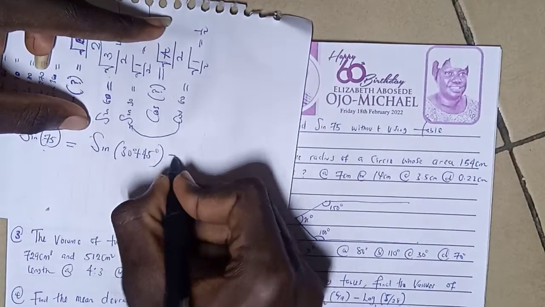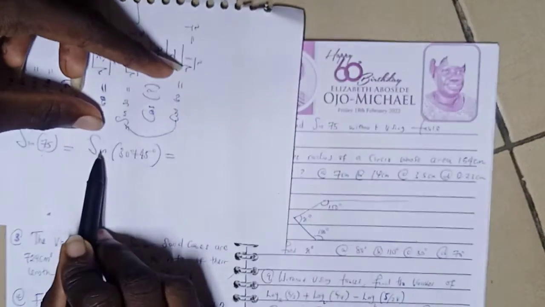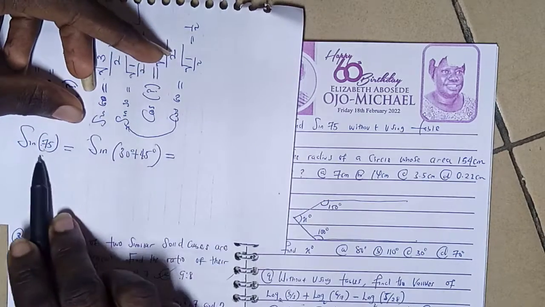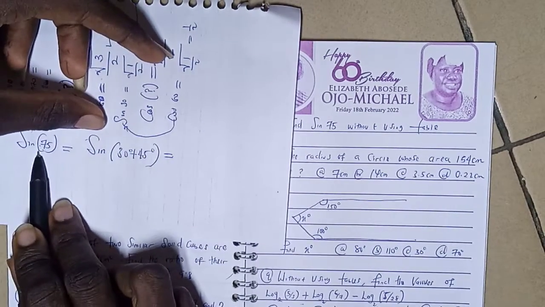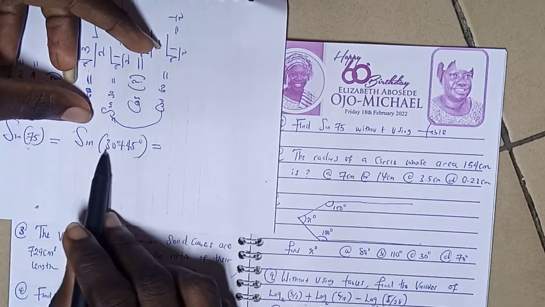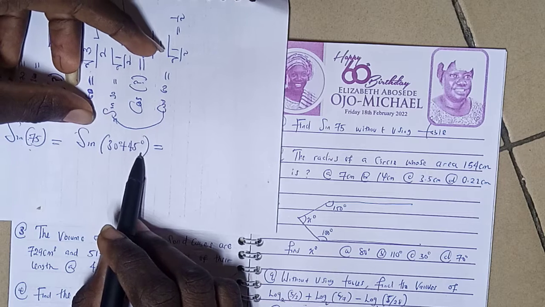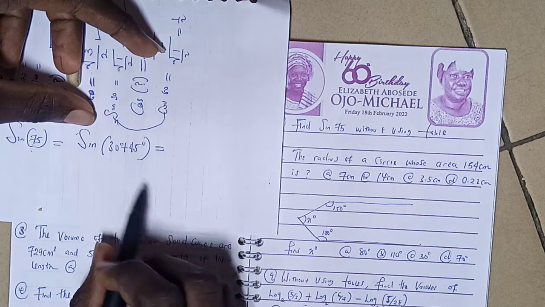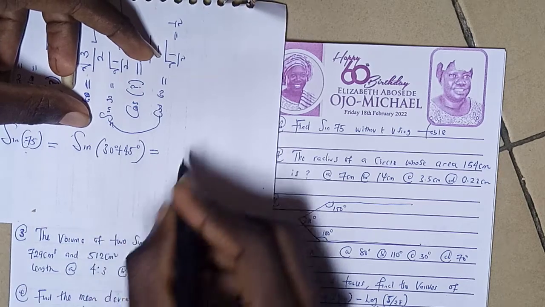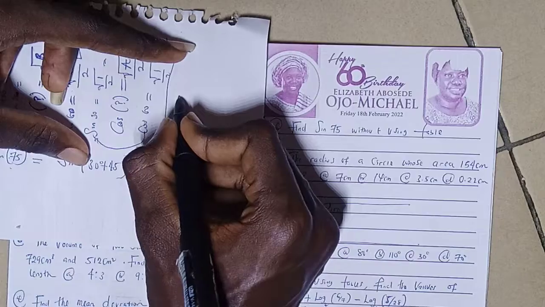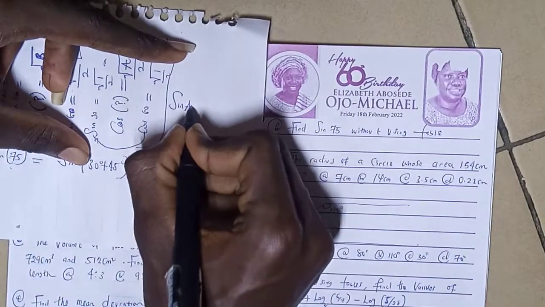The next thing is, now I have sine of 30 plus 45 degrees, which is the same as what I need. After that, I need to apply what we call the addition formula, the trig identity for sine of A plus B. According to this identity, take sine then cos, with a plus.